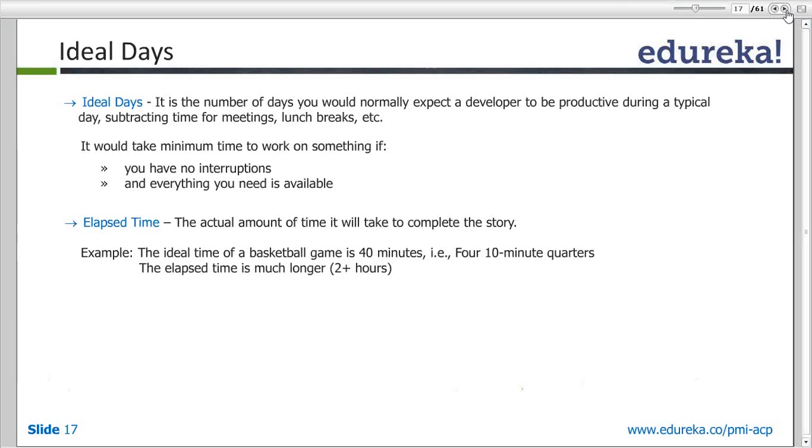I was having a meeting with the product owner. To achieve that 5 hours, you spent an additional 3 hours to complete the target, so that's your elapsed time. Your elapsed time was 8 hours, while your ideal time was 5 hours. Had there been no distraction, everything would have been smooth. You would have just spent 5 hours. So that was your very ideal time.